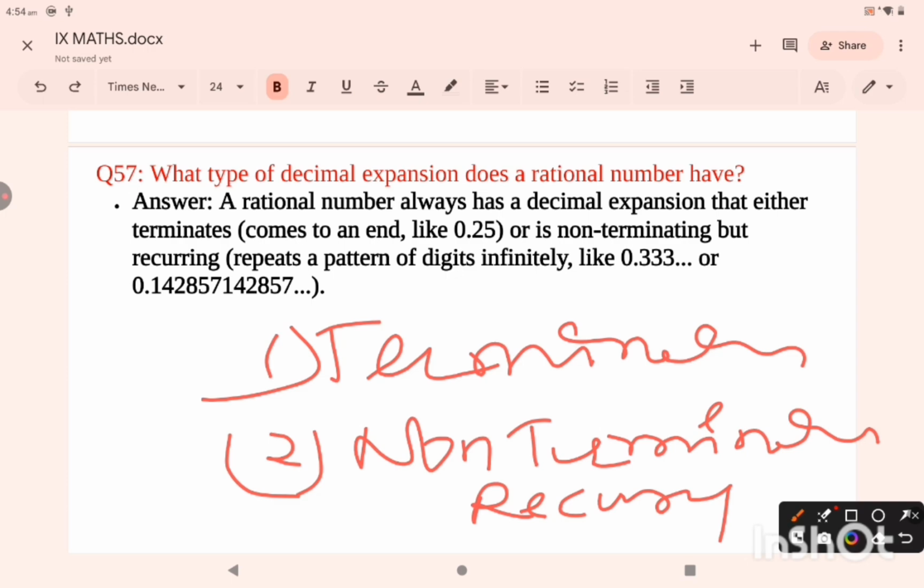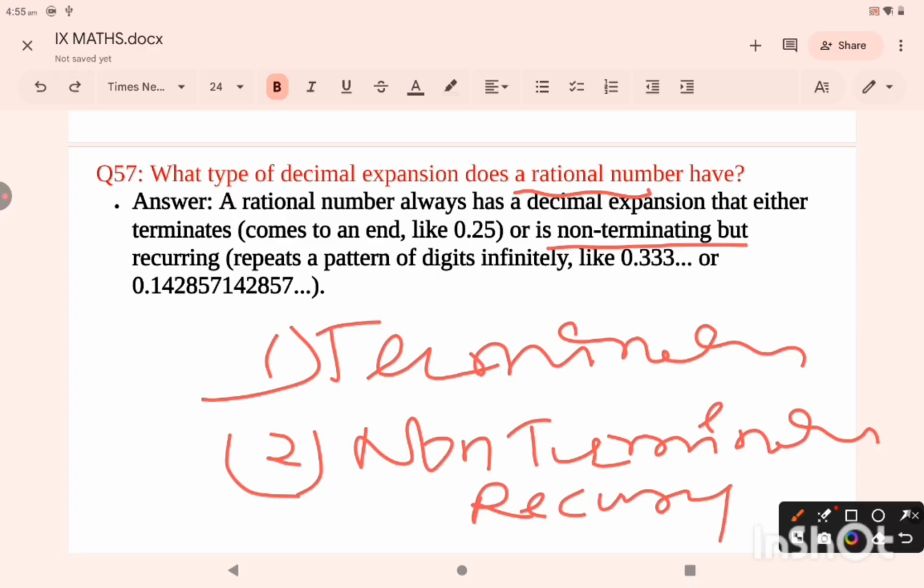These two can be expressed in the form of p by q. Therefore, all the terminating decimals and all the non-terminating, recurring decimals are rational. So a rational number always has a decimal expansion that either terminates or is non-terminating but recurring.